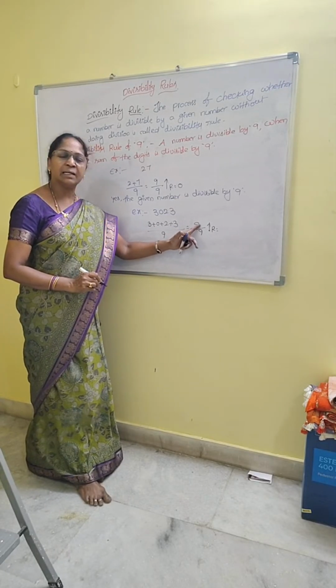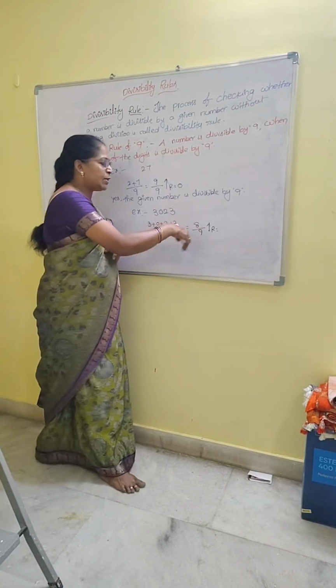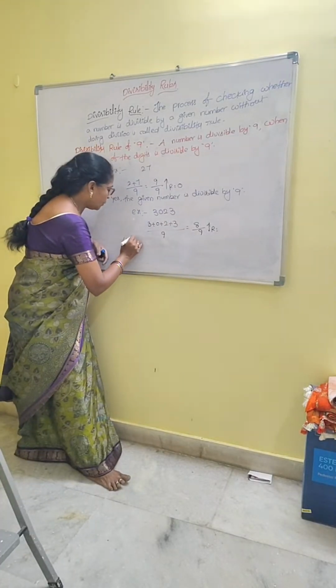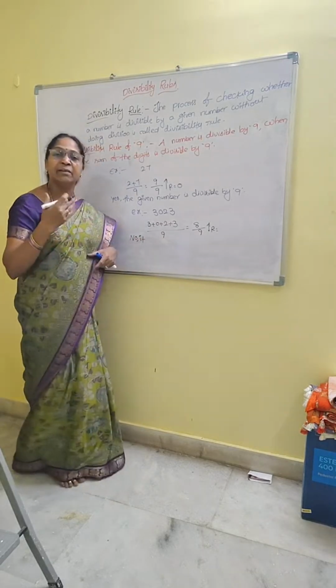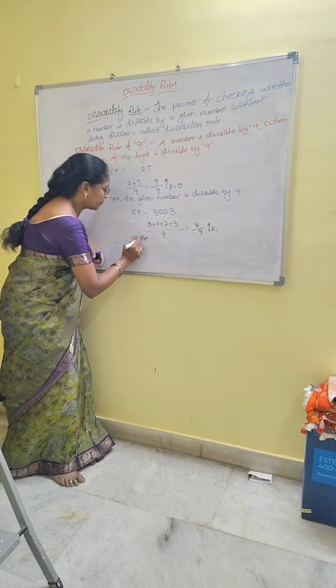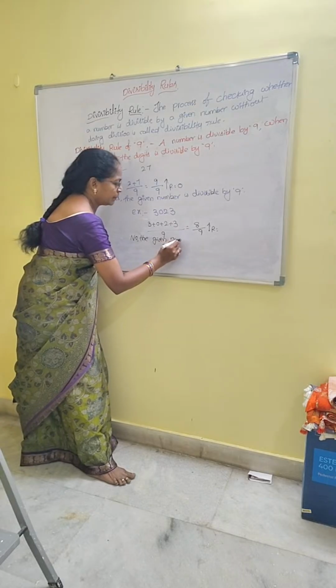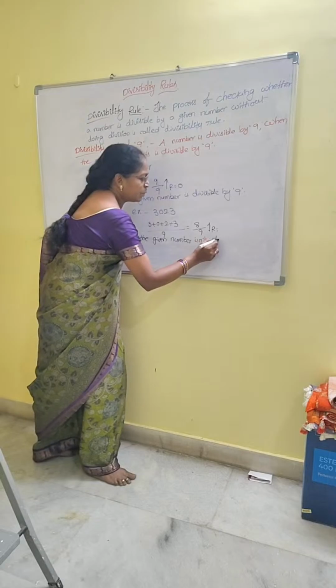You have to consider that as 0, then 0 point something you are getting, and always you are getting a remainder. So no, the given number is not divisible by 9.